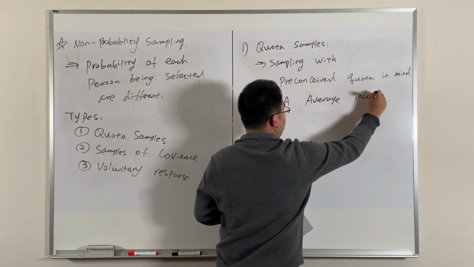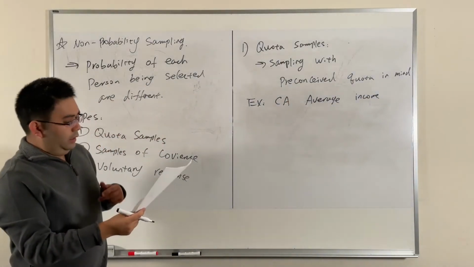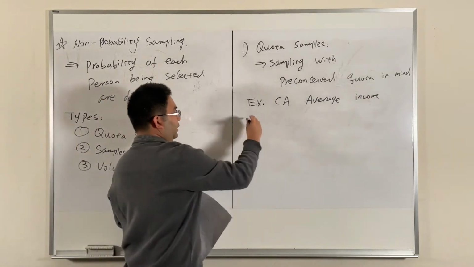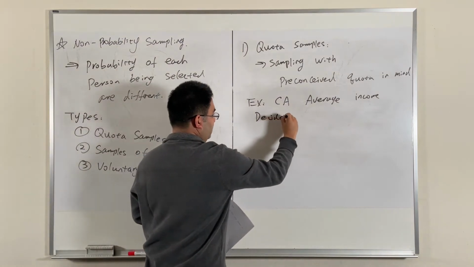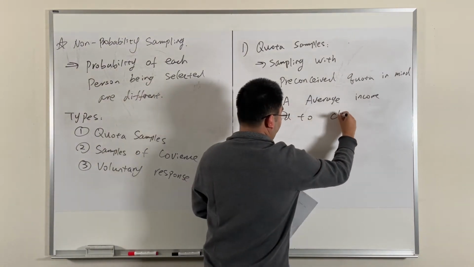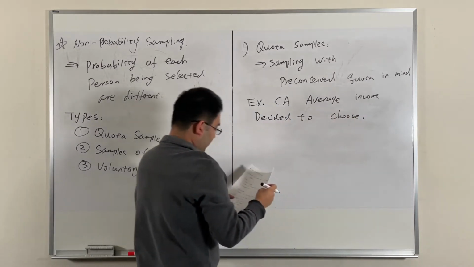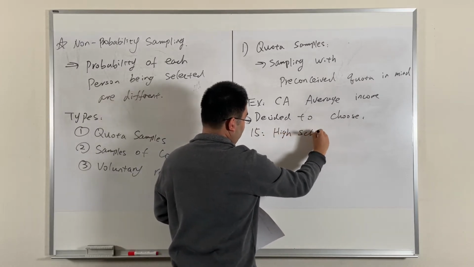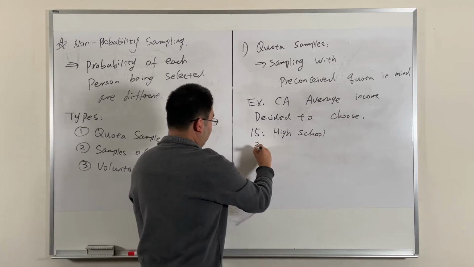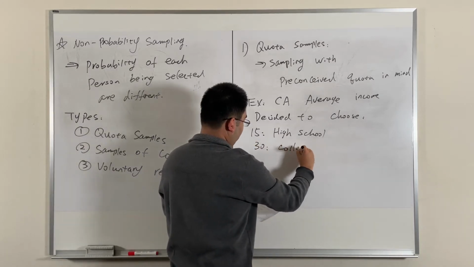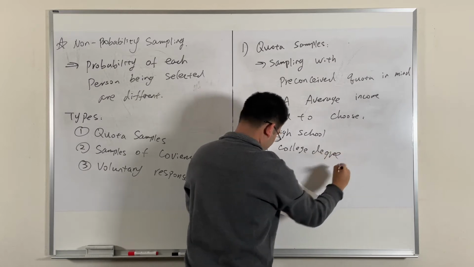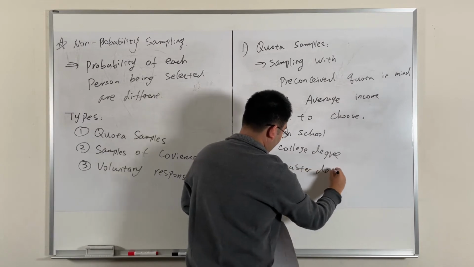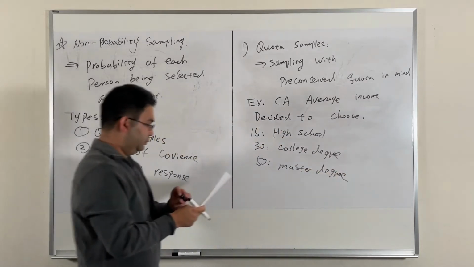We're interested in their income, and then this researcher or experimenter decides to choose 15 high school graduates, and then 30 who have a college degree, and then 50 who have a master's degree.